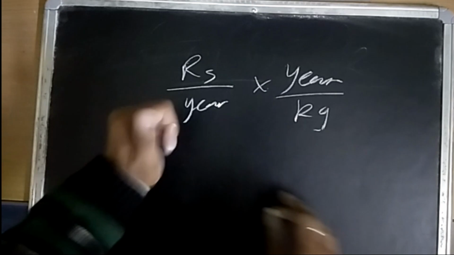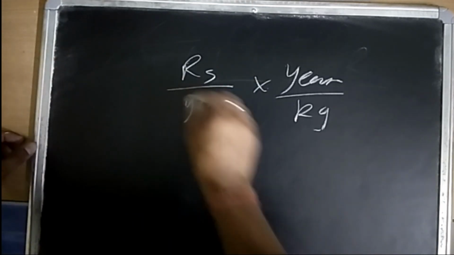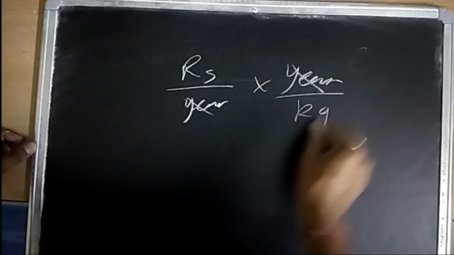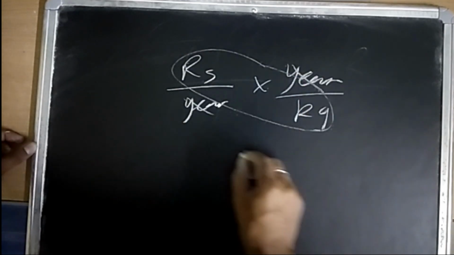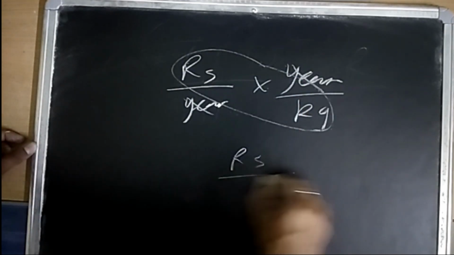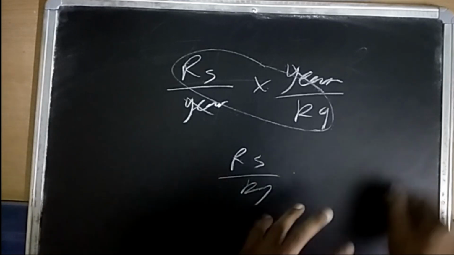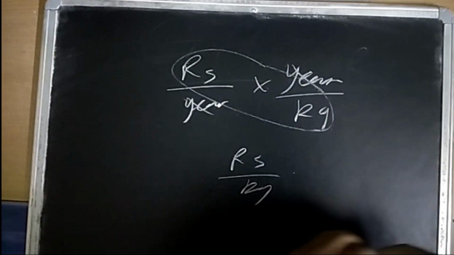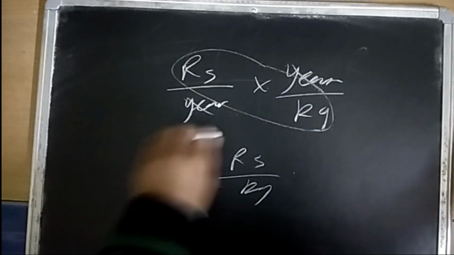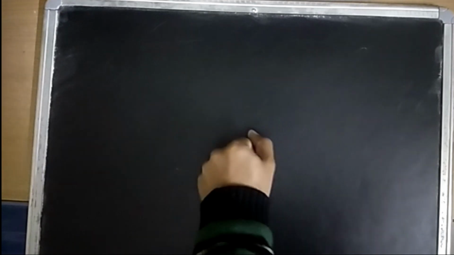That is a very good trick, that if you match up the units, you can cancel them and find out the answer, because the answer would be required as how many rupees per kilogram is actually produced. So try to match the units, cancel the units some way, and you can get it. Okay, these questions you might come across. So this is how units are important. It's just a trick that helps sometimes.